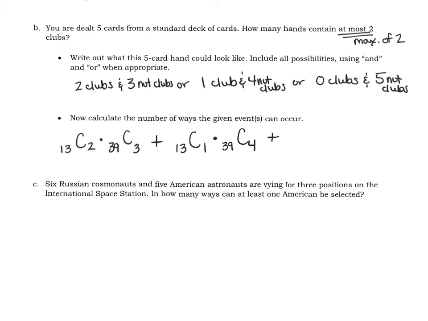Or since there are no clubs, we don't need to even worry about that one, but we'll go to the 5 that are not clubs. So 39 cards in the deck, we would be dealt 5 of those. Again, if you want to do those separately in your calculator, you can, but you can type it in as one big problem, and you will find there are a mere 2,357,862 different hands that you would end up with at most 2 clubs in your hand.